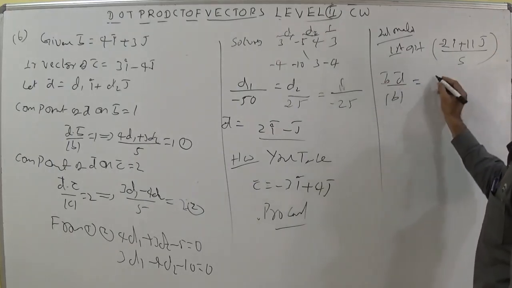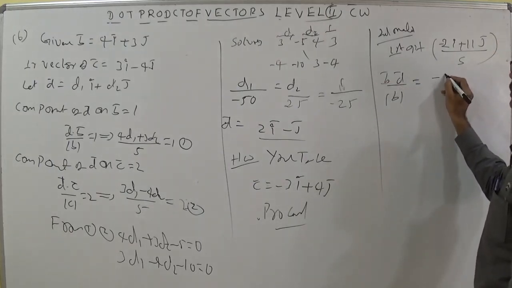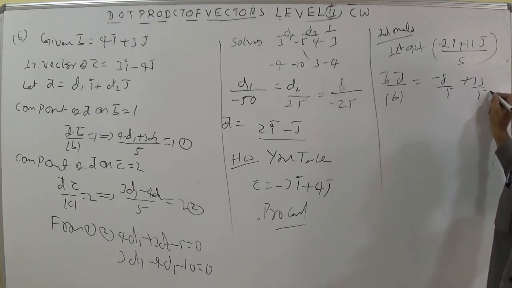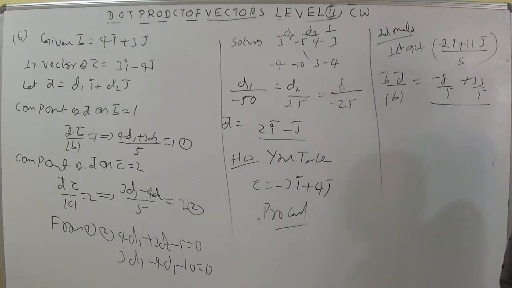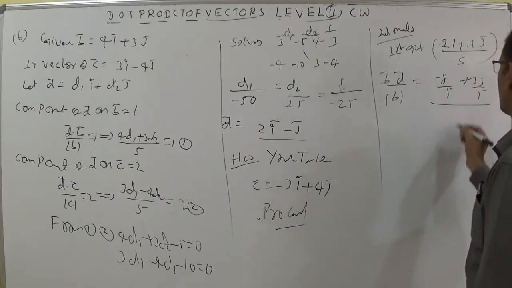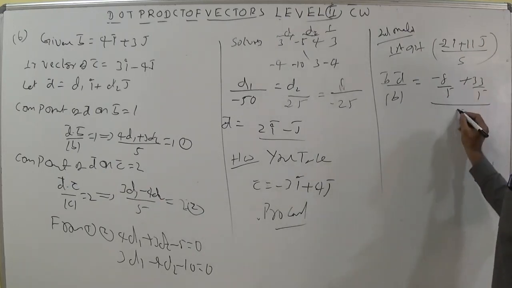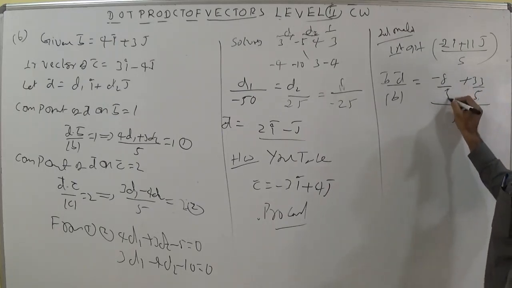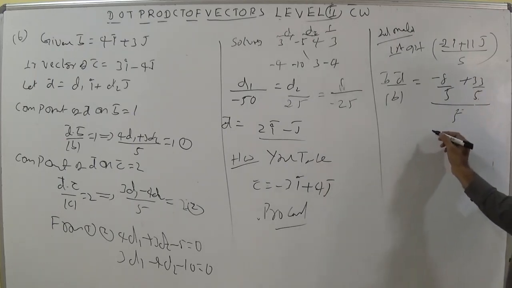B bar value 4. This is 4 into minus 2, minus 8 by 5, plus 3 elevens are 33 by 5, whole by 5. Mod b bar is 5. What is the value of 33 minus 8? 33 minus 8 is 25. So 25 by 25, that is 1.